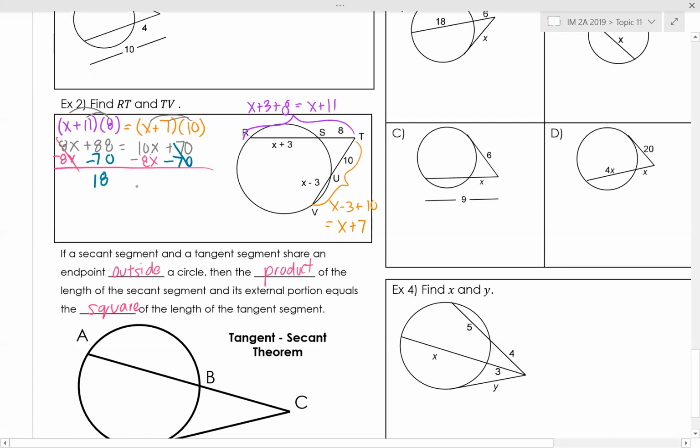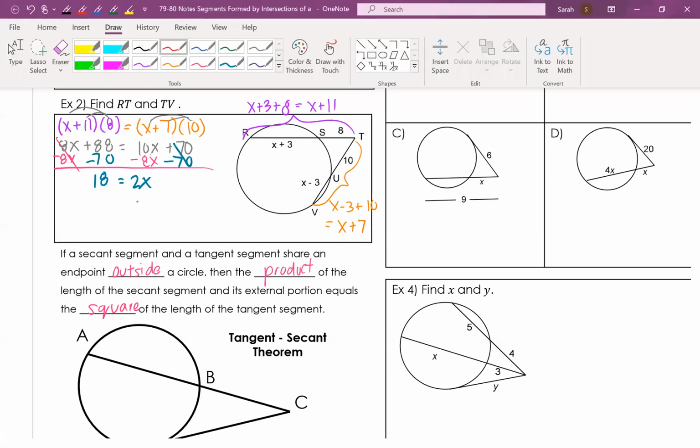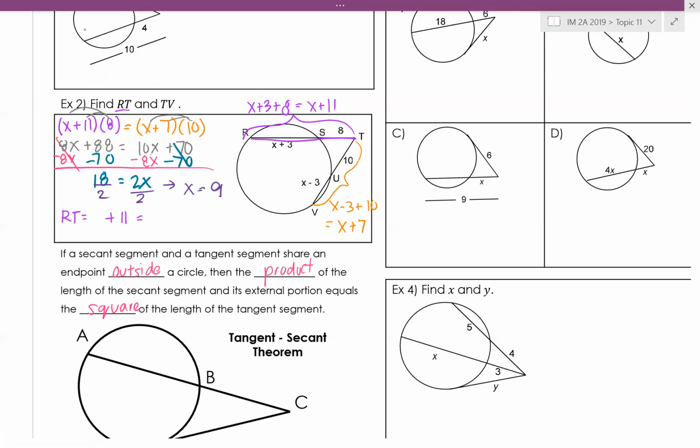And 10x - 8x is 2x. So 2x equals 18, and we divide both sides by 2. That allows us that x is 9. Okay, so the question is asking us for RT, which is this whole purple. So RT is x + 11. And we just found that x is 9. So that means that RT is 20.